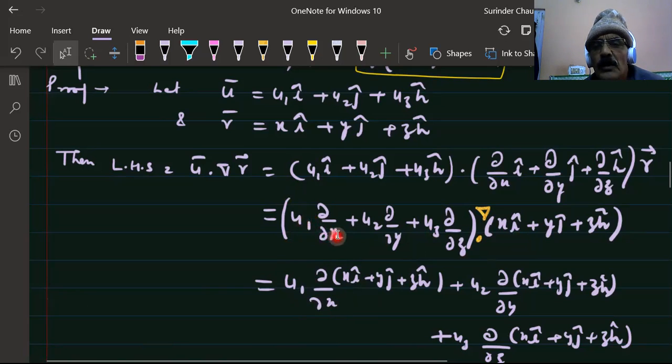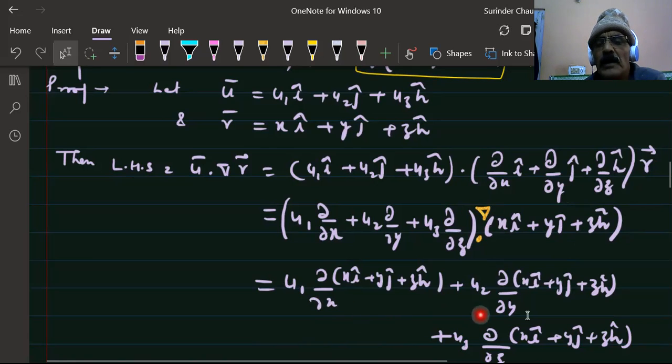This is a scalar, and this is the vector, and this is i dot i. The del of i dot i, same, and del of r vector.